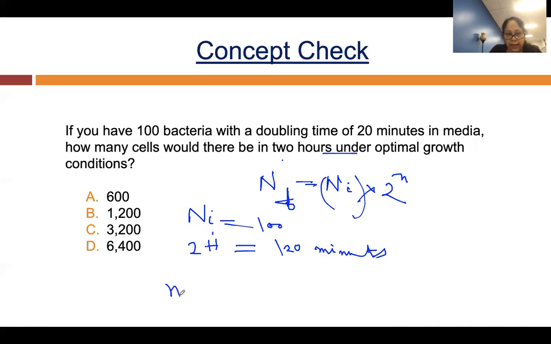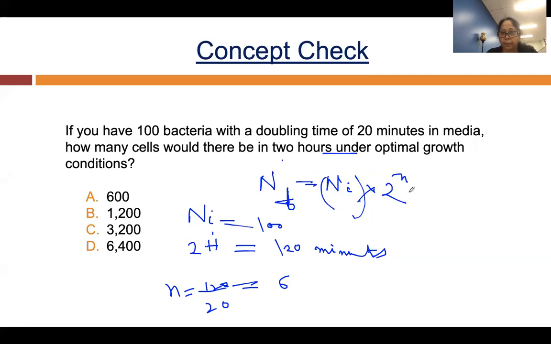So basically n equals 120 divided by 20, and that gives me 6. So 6 times they are going to divide, which means n is 6 generations.